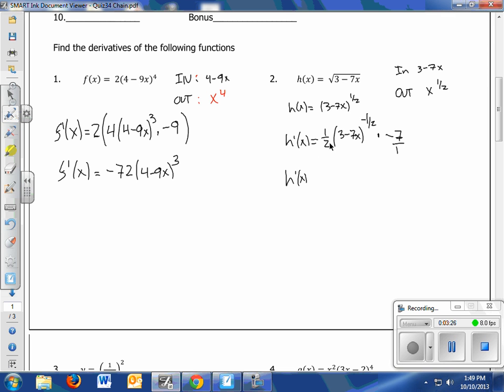The 2 is going to go on the bottom of my fraction, and this 3 minus 7x will be moved as well. So we'll have negative 7 up top, we'll have 2 on the bottom, and then we can either write the square root of 3 minus 7x or 3 minus 7x to the 1/2. I'll just write it like this, just so you can see this is what it would look like on a test for a multiple choice answer.